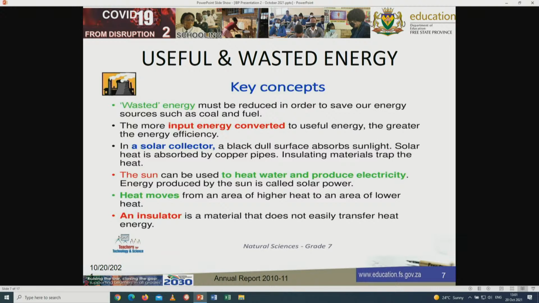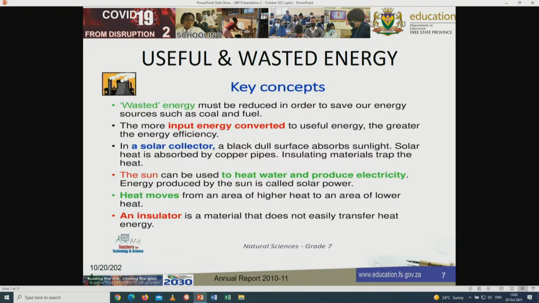More especially, the resources such as fuels and coal, where in most cases we get energy from. It cannot be released to the environment.